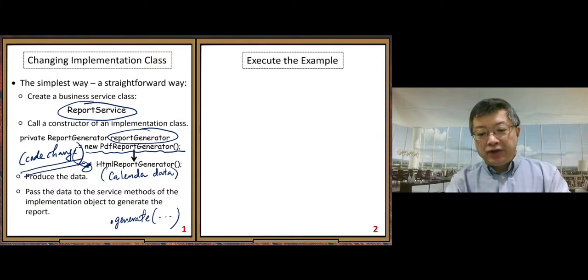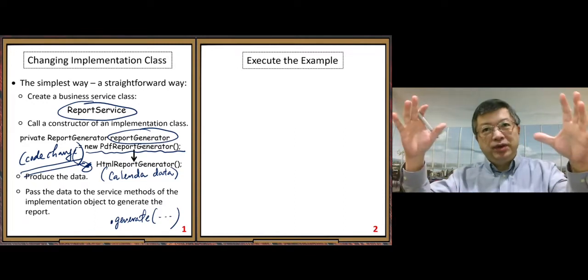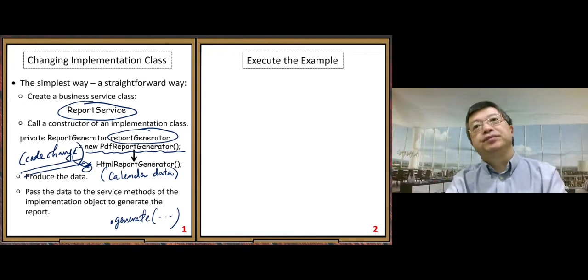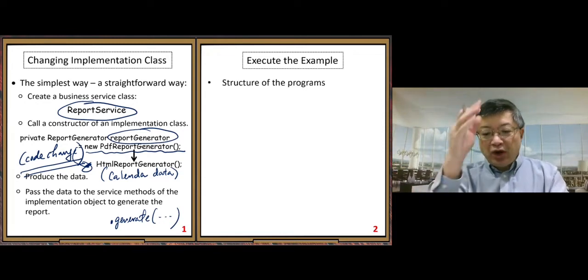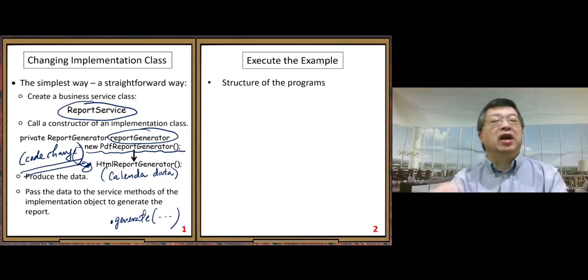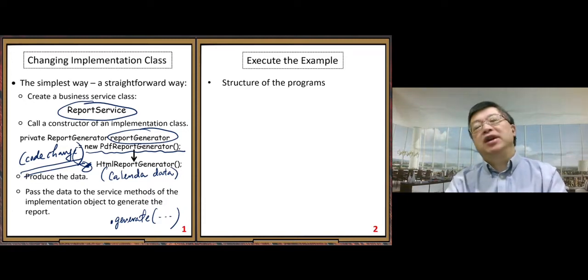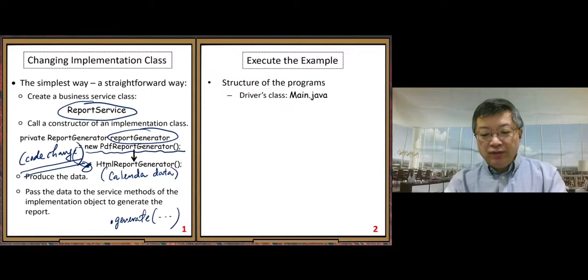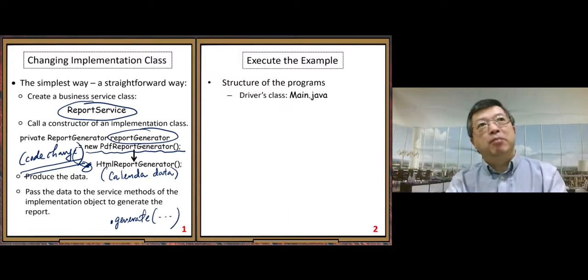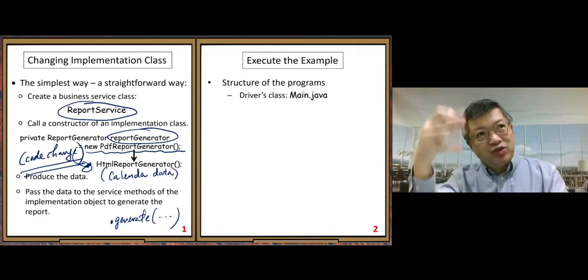Then execute the example. Now I put all the Java files together to show you the structure of the programs. In this whole example, we have 5 Java classes. The first one is the driver class, Main.java, with the main method. So we start from this one.